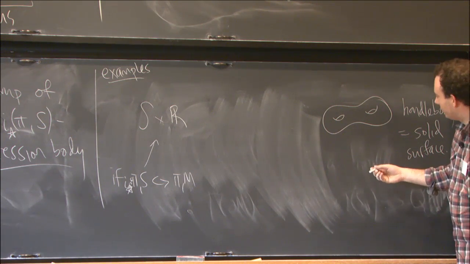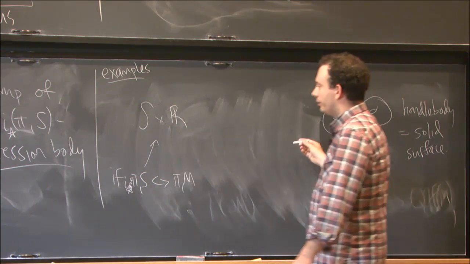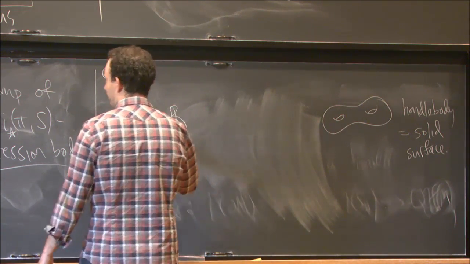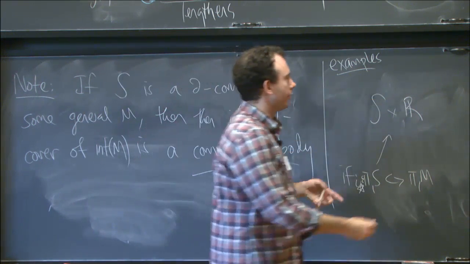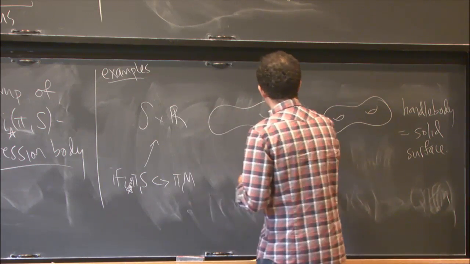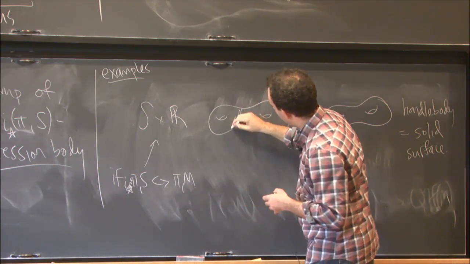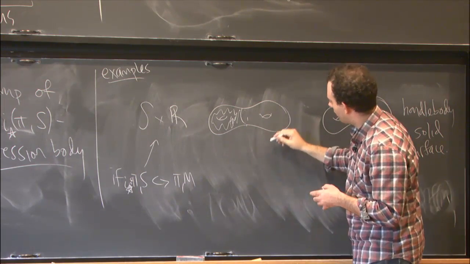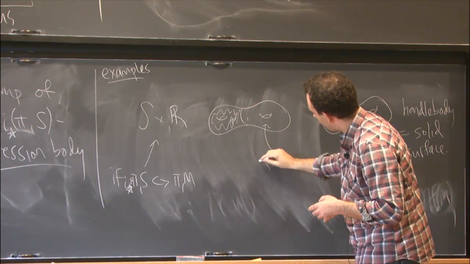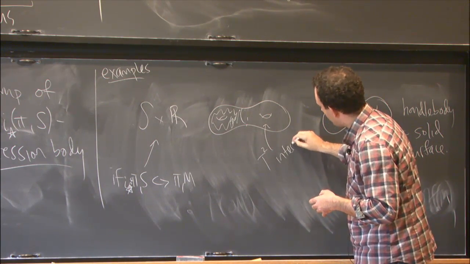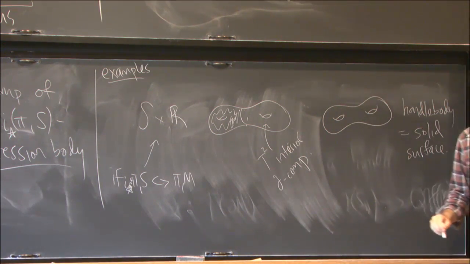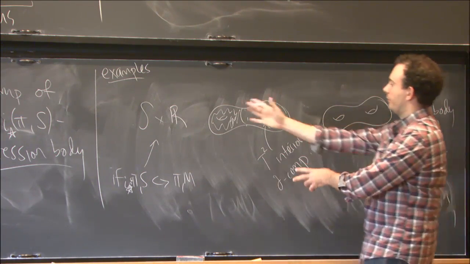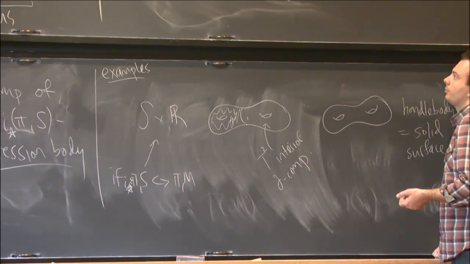And interpolating between the surface cross R and the handle body are things like, I could take a surface and fill in the left half, and then have a torus interior boundary component here. All these are compression bodies.